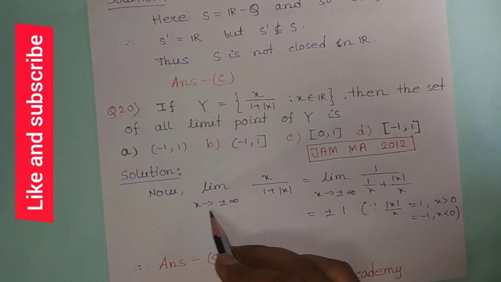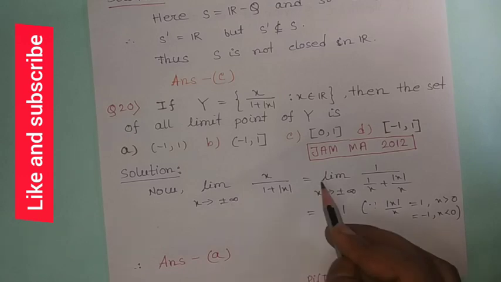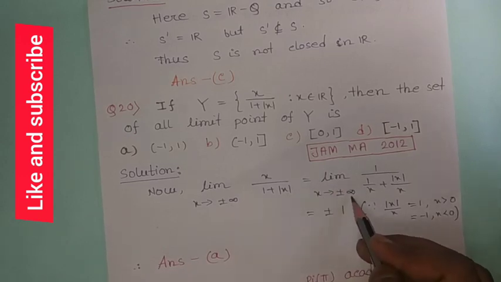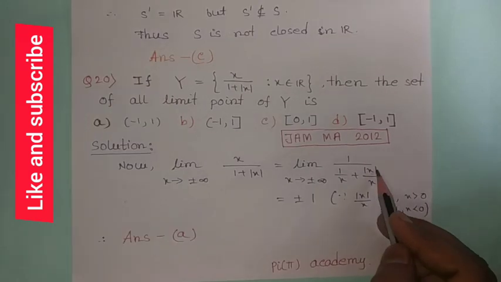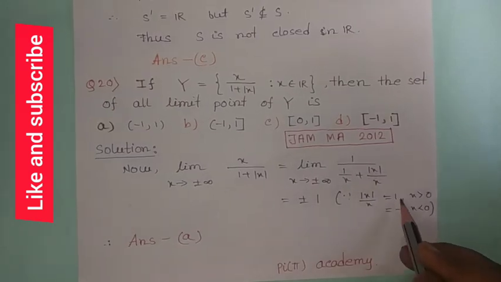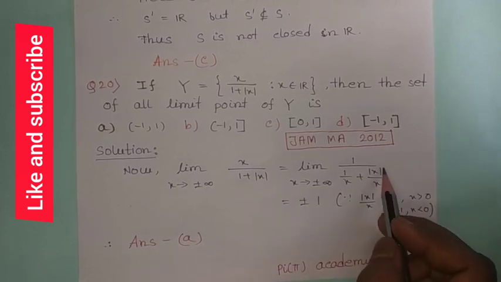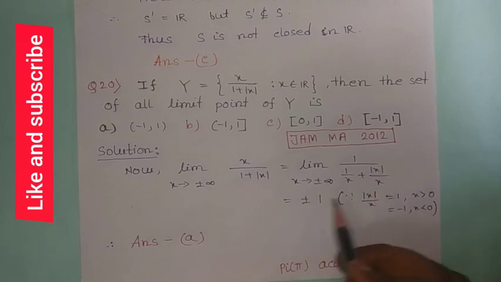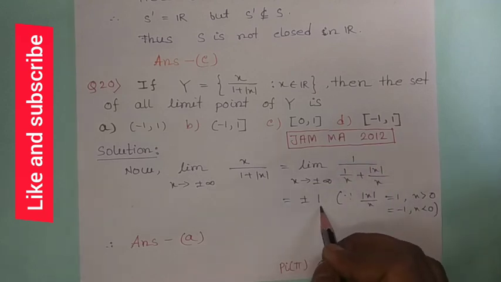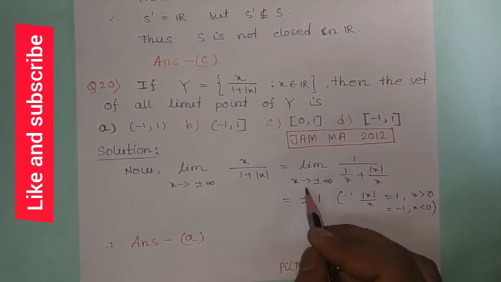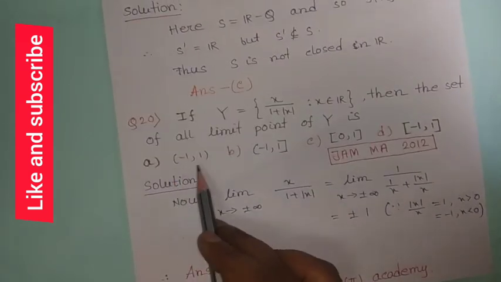Now limit x tends to plus minus infinity of x divided by 1 plus mod x equals limit of 1 divided by 1 plus mod x by x, and we know that mod x by x equals 1 when x is greater than 0 and minus 1 when x is less than 0. Therefore the limit of this function is plus minus 1 as x tends to plus minus infinity. That is, option A is true.